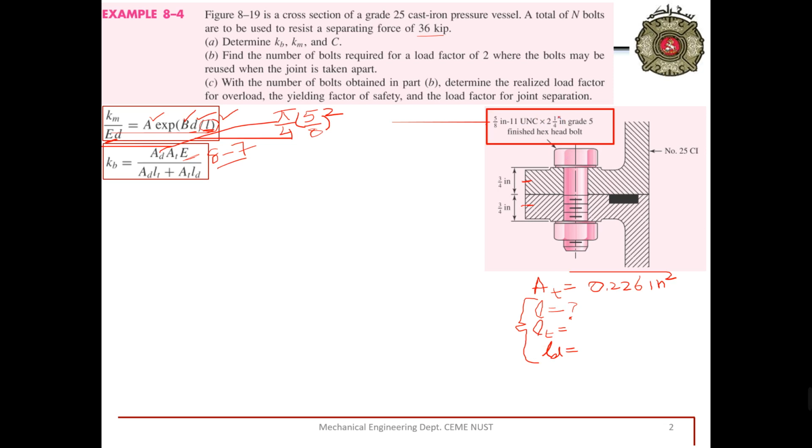You can see that the length of the bolt is given here as 1/4 inch. So L, the total length of the bolt, is known. And for the grip, we have 3/4 inch plus 3/4 inch. The grip is directly given: 3/4 plus 3/4 is 1.5.